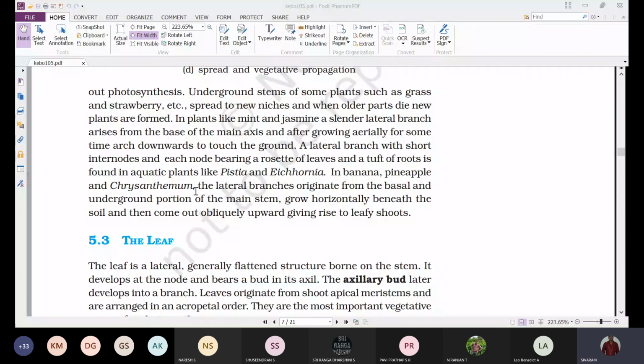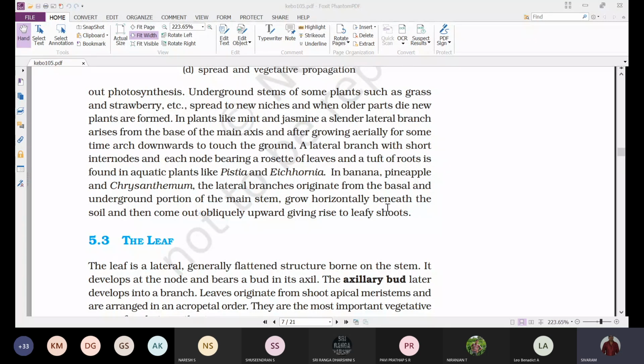In banana, pineapple, and chrysanthemum, the lateral branches originate from the basal portion of the main stem, grow horizontally beneath the soil, and then come out obliquely upward, giving rise to leafy shoots.